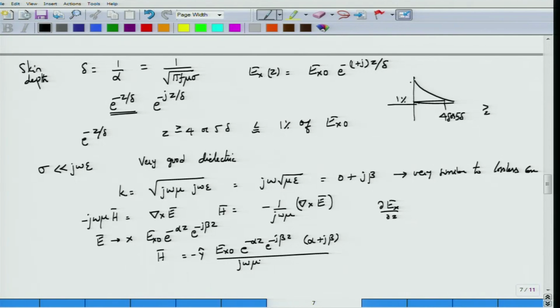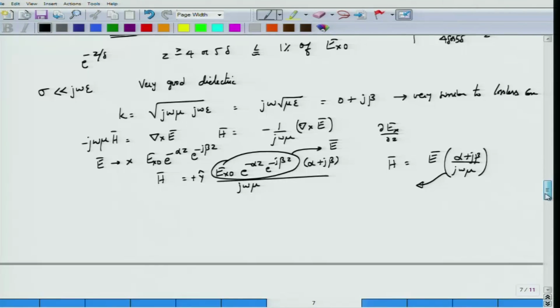So this is what I get. There is already a minus sign, therefore the two minus signs will cancel. What remains is nothing but the electric field vector E itself, right. Therefore this H, which is given by E times alpha plus j beta divided by j omega mu, can be written in this way, and therefore this should be in the form of an impedance, right.